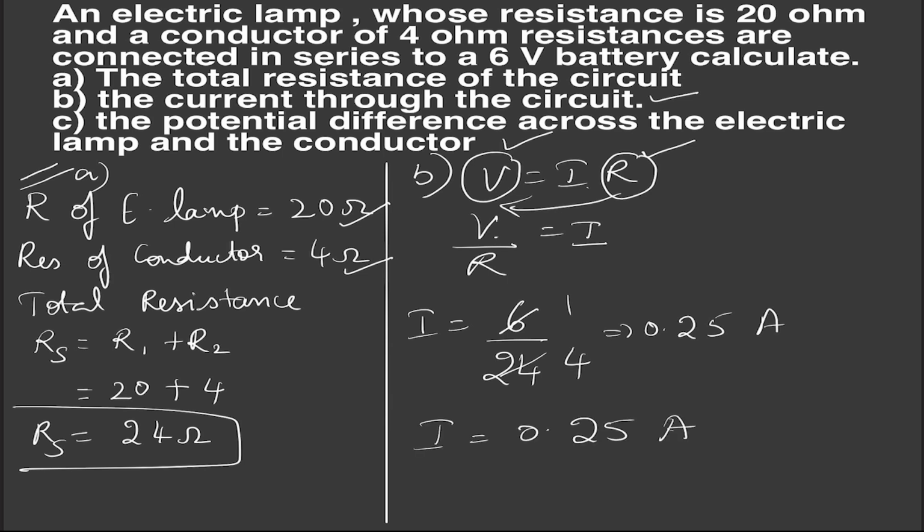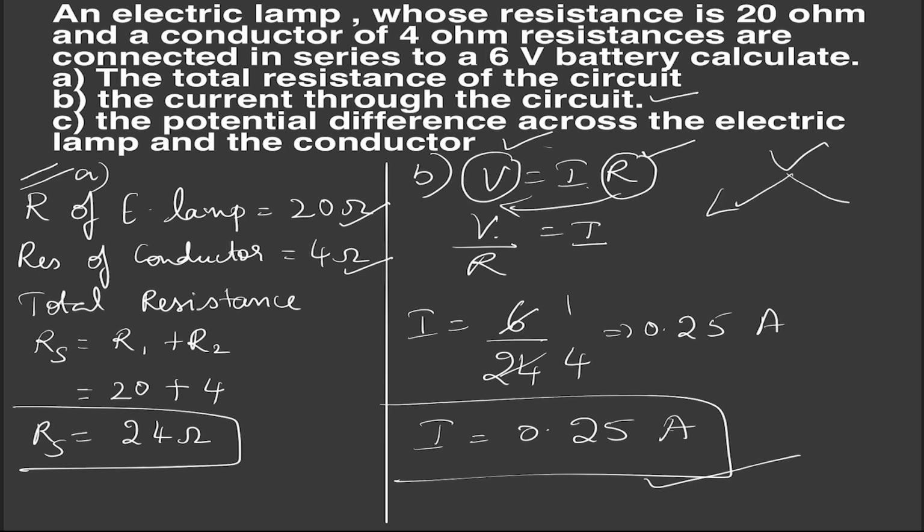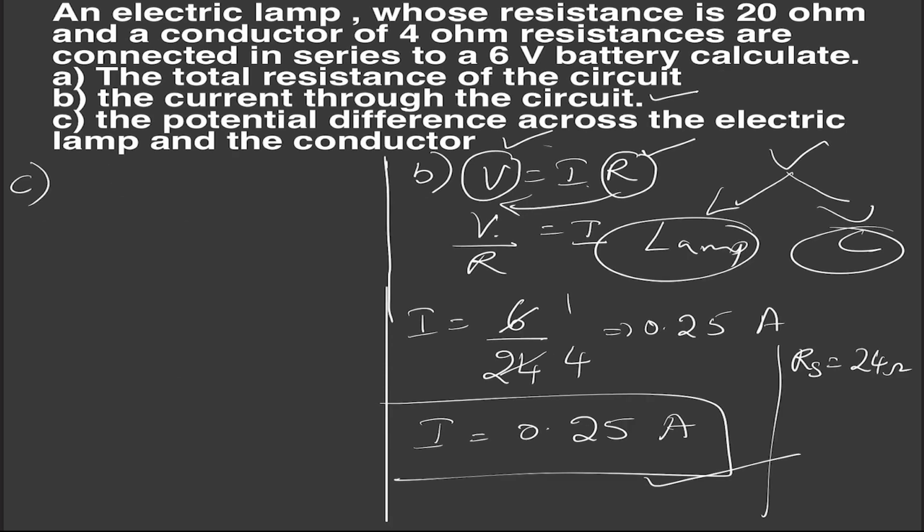In which the lamp and the electric conductor are connected in series, that is 0.25 amperes. Now coming to sub question C. We are supposed to find the potential difference across the conductor and also across the lamp.